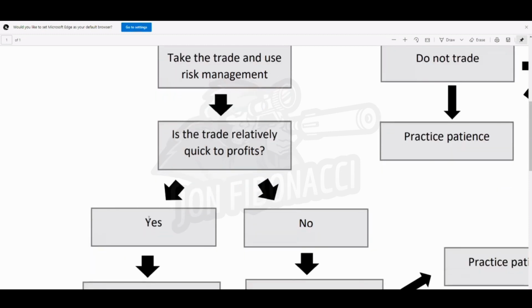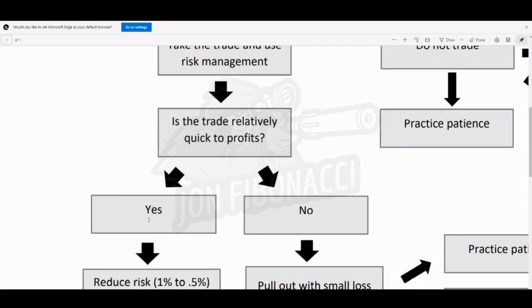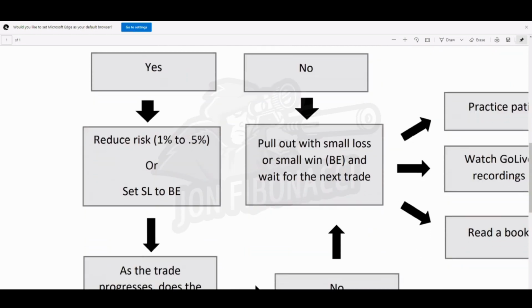Let's say yes, right? Let's say we took a trade and the market is heading in our favor. Well, what do we do? So, what I would do is I would reduce the risk, right?